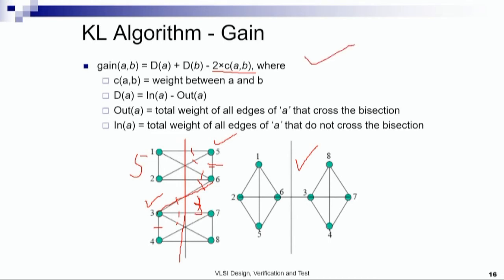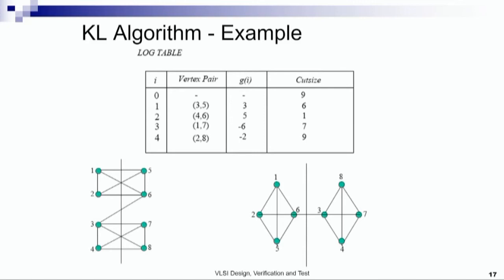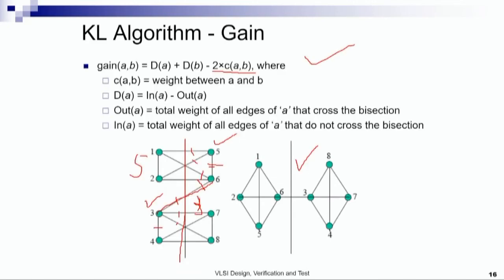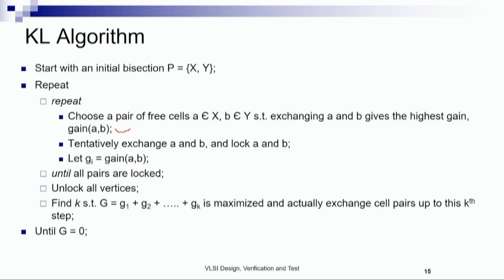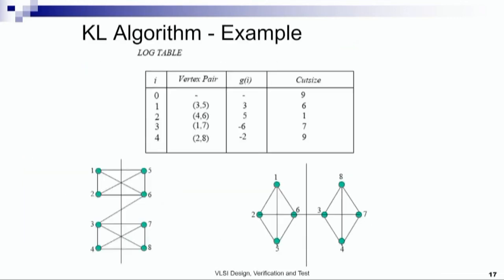Right? So now we see the steps, one step in this loop. So what are we seeing? We are seeing this one, these set of steps. This inner loop we will see. So first we see that the cut size is 9, the initial cut size is 9.